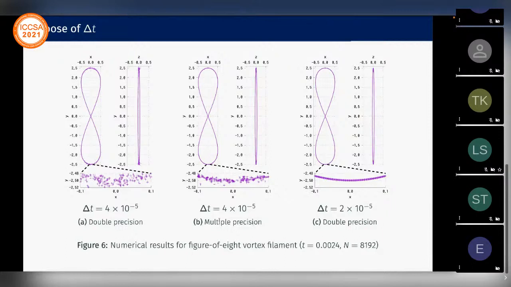However, with the multiple precision, the disappearance is smaller than with the double precision. It's not so much this kind of accumulation of the rounding errors. All three pictures are at a very early stage, t equal to 0.0024.